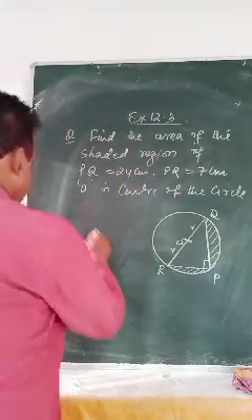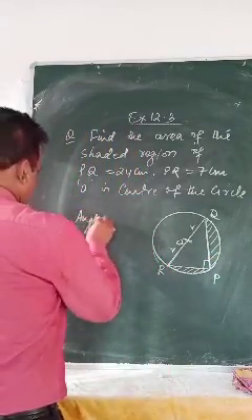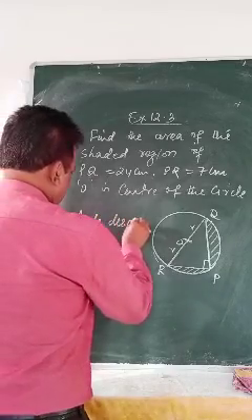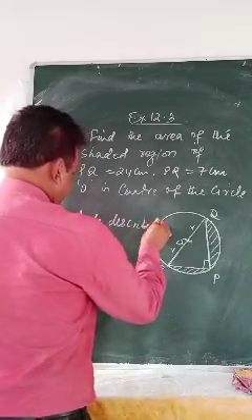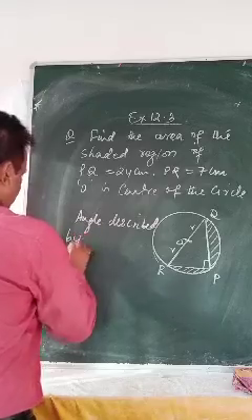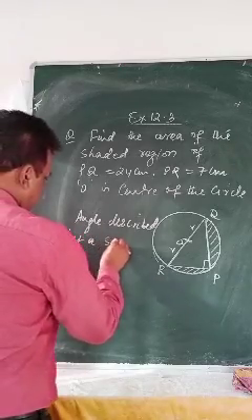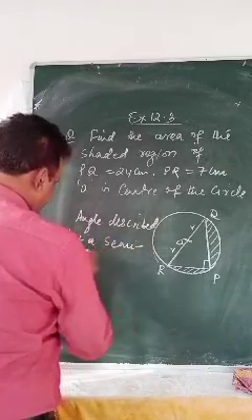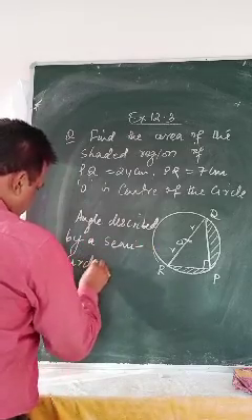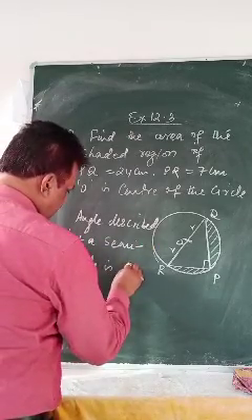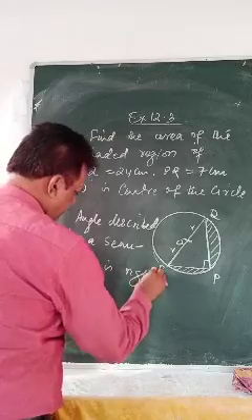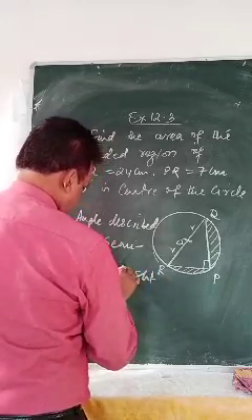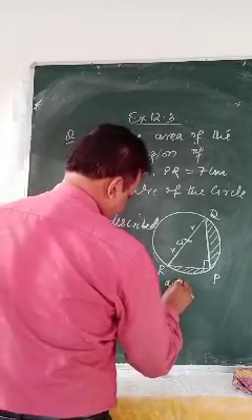Angle described by a semicircle is a right angle.